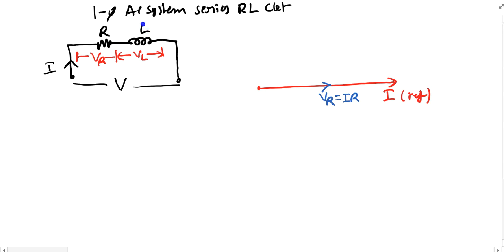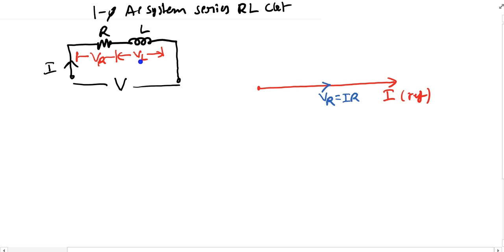Similarly, if you want to draw the phasor diagram individually for the inductor, the voltage across the inductor is VL, and the current I is flowing through this inductor. If it is a purely inductive system, what is the relation between current and voltage? My current lags voltage by 90 degrees.